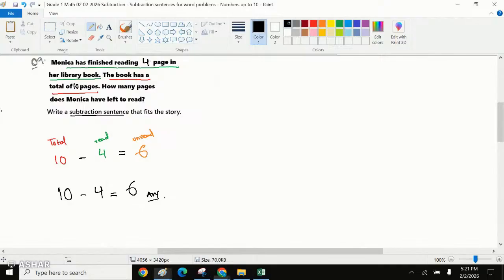Okay, let's make up a new question. Max has 7 candies. He shared 3 with his friend.